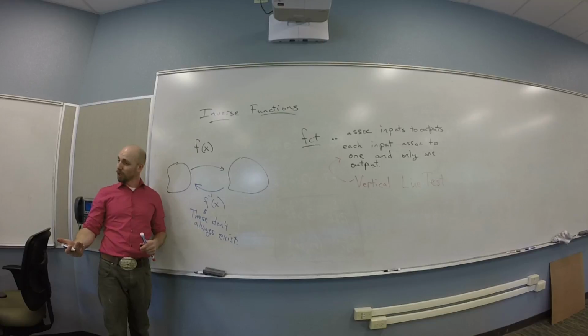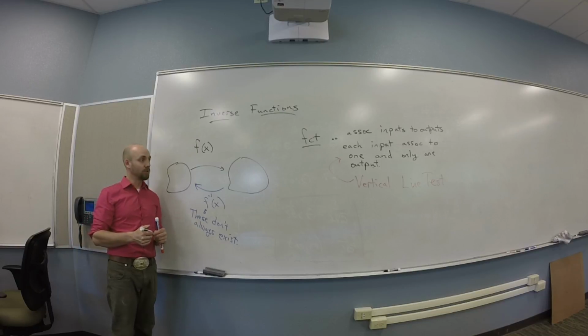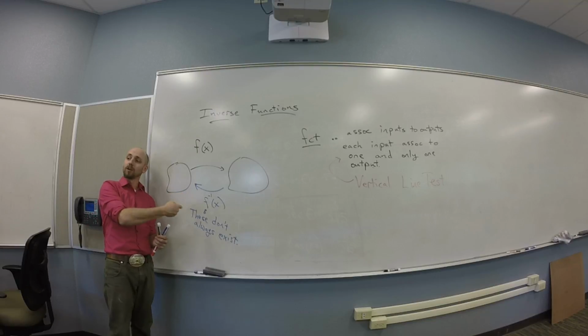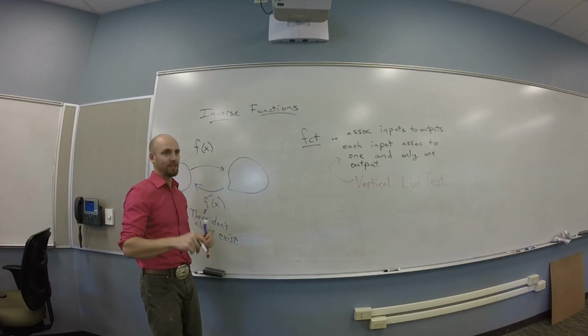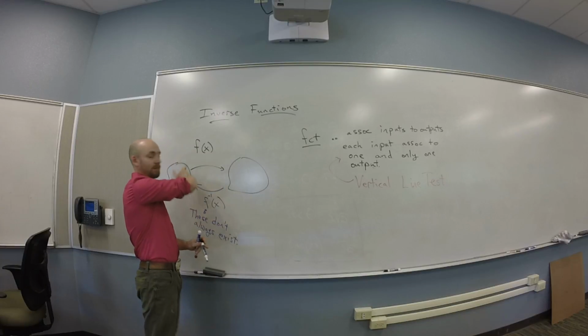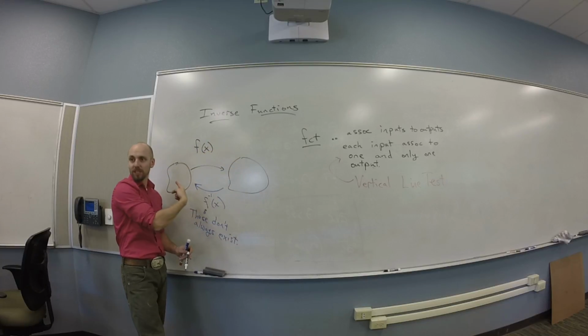A lot of the errors in Algebra 1 and 2 are caused by students thinking that something is an inverse function when it's just kind of an inverse idea. Squaring and square rooting seem like they ought to undo one another, but they don't.